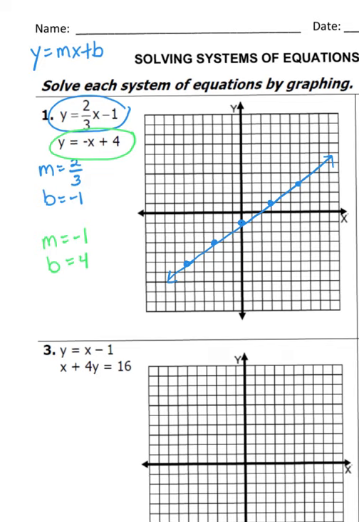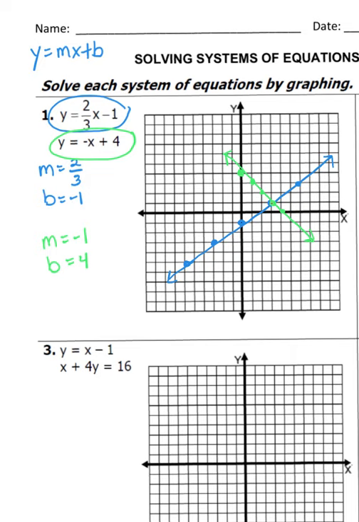Now if I go to my second equation, y equals -x plus 4, I'm going to plot my y-intercept, which is 4, 1, 2, 3, 4. It's right here. And then my slope is -1. So down 1 over 1, down over 1. Okay, this right here is not perfect, but that's going to be the line for my second equation.